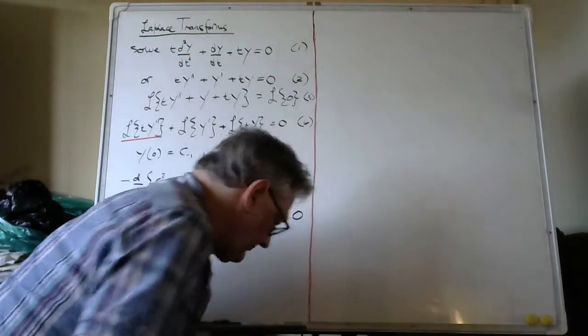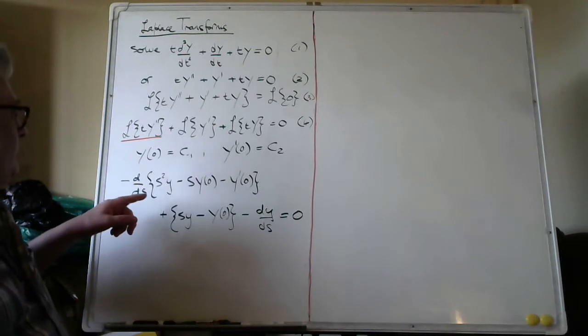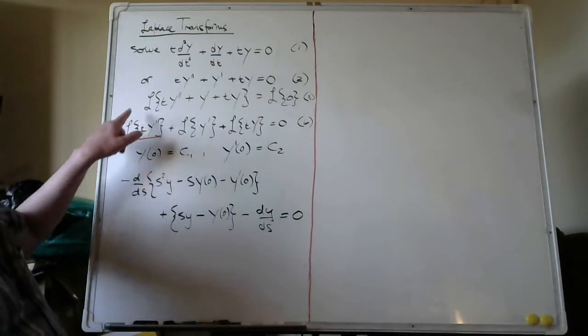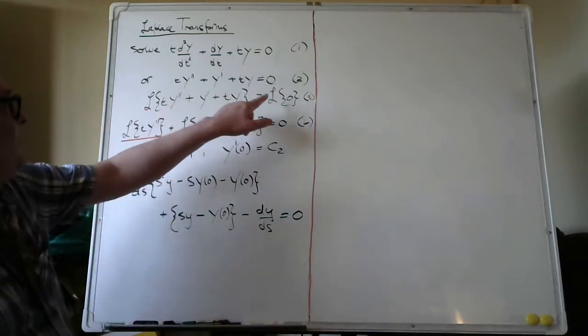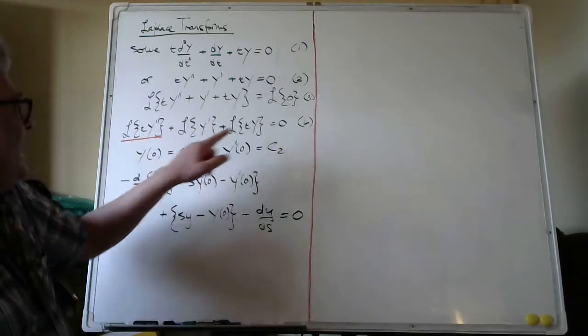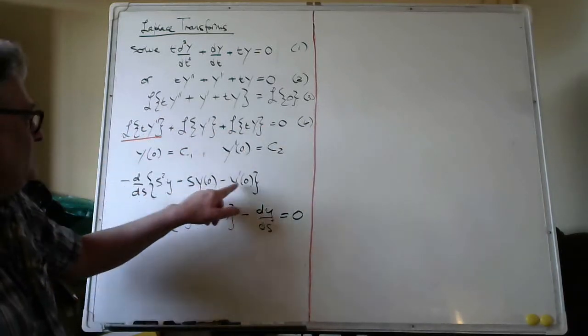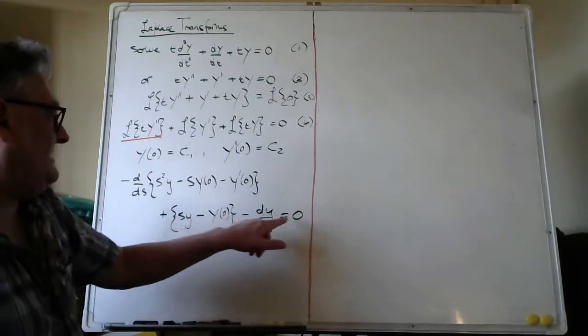So basically, you take the Laplace transform of the left-hand side, you can rewrite it as that, and then everything comes out in that form.